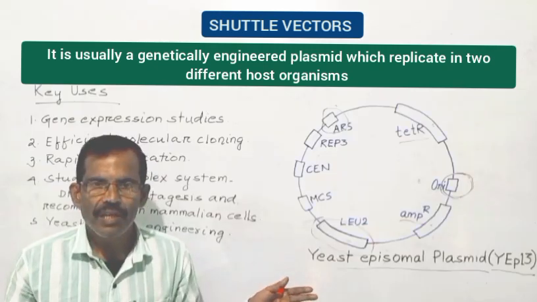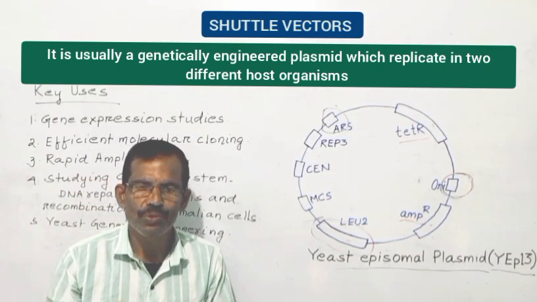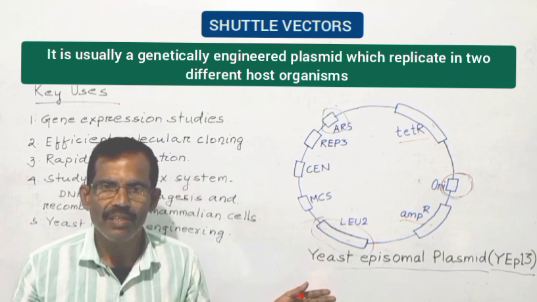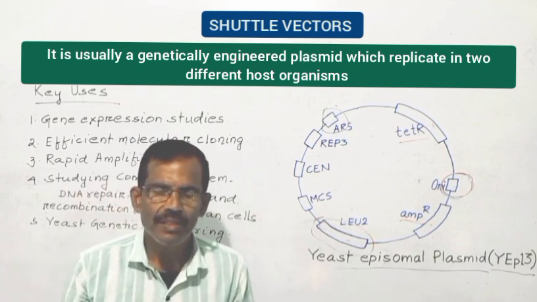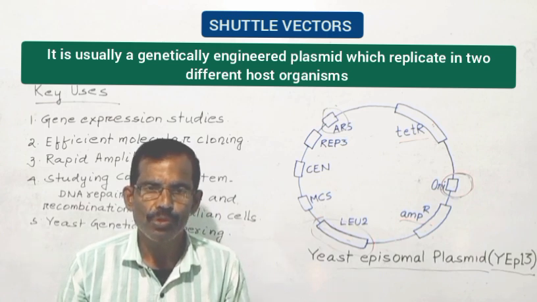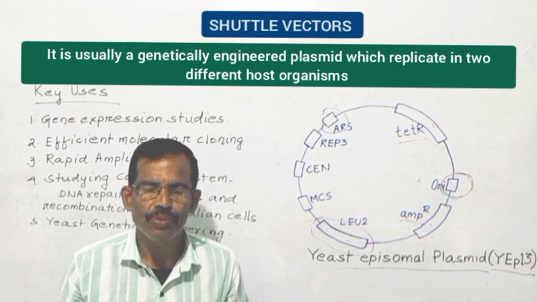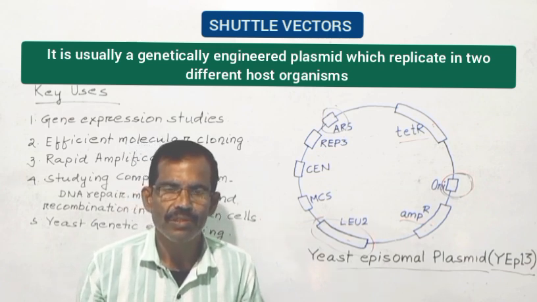As already said, shuttle vectors are used to transfer cloned genes between different organisms. These vectors are used for rapid cloning in the prokaryotic host, followed by transfer to the eukaryote for functional analysis.